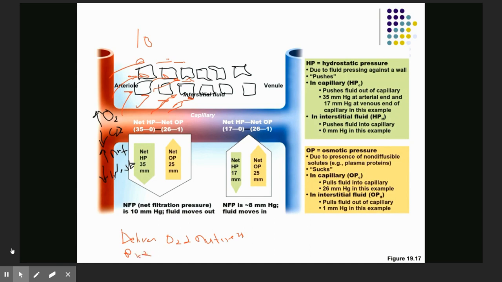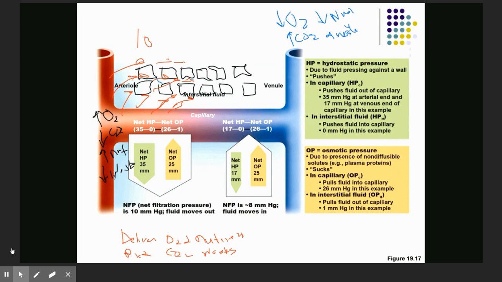And this fluid is going to change. It's no longer this nice fluid like this is over here. Now the fluid is low in oxygen. It's high in carbon dioxide. It's low in nutrients. It's high in waste products. And it goes through here and so on.